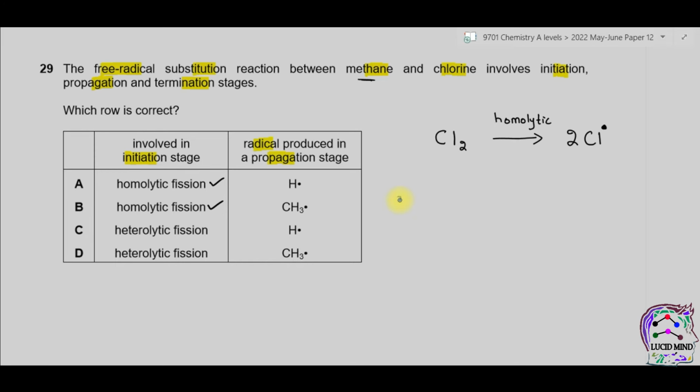So now we have methane CH4. It can react with a chlorine free radical. Now it will form a CH3 radical and HCl is lost. So in the propagation step, a CH3 radical is formed. Okay, so the correct answer should be B.